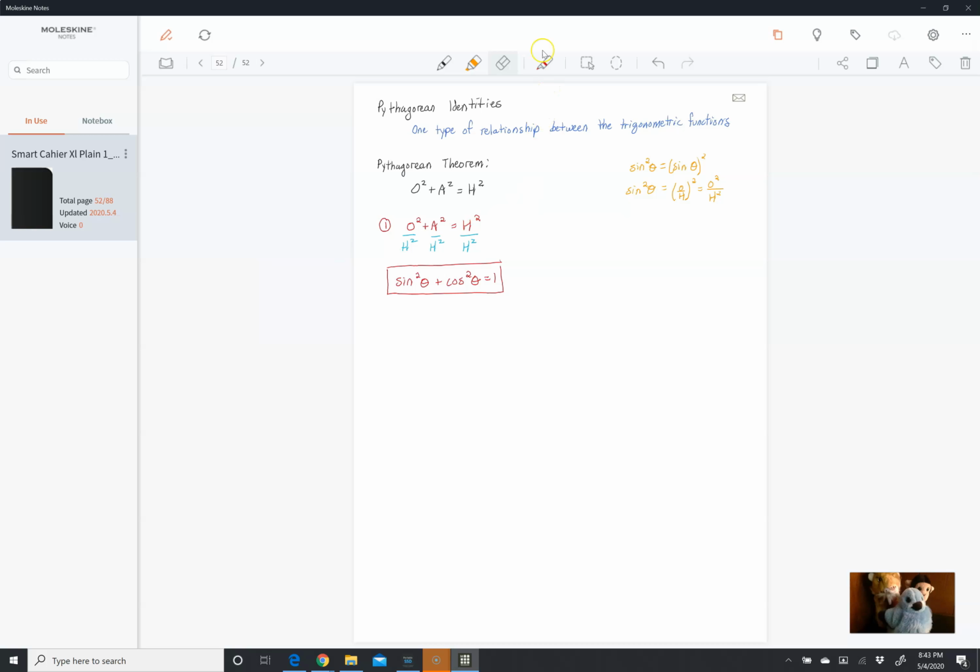So how do we get the second one? Well, the second one, pretty straightforward. You start off with the Pythagorean theorem, but this time, instead of dividing everything by H squared, let's divide by O squared.